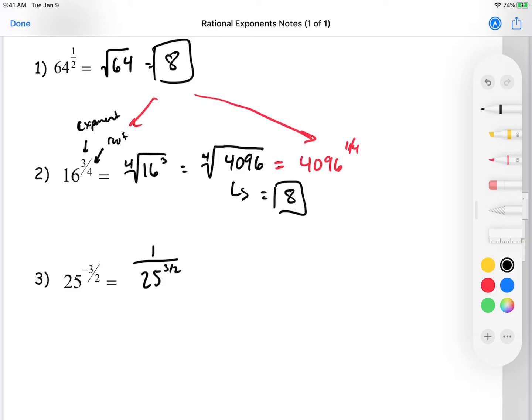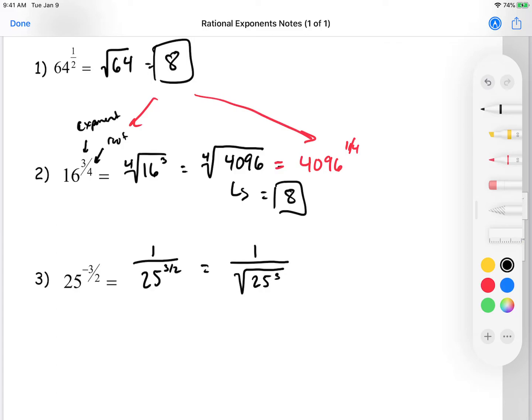But now from here, this is where I apply my idea of switching this to radical form so I can see it a little better. Since that's a 2, this is simply 1 over the square root of 25 to the 3rd. The reason I wanted to do this example is I can teach you another way of doing this. 25 has a perfect square root, doesn't it?